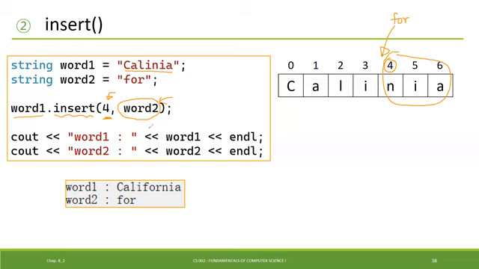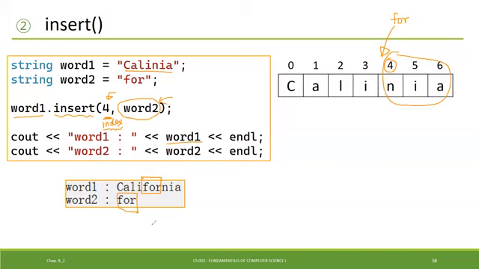So you should provide the index. You should insert word 2 at this index. After this, if you print out word 1, you will see California. And word 2 stays the same, no change.